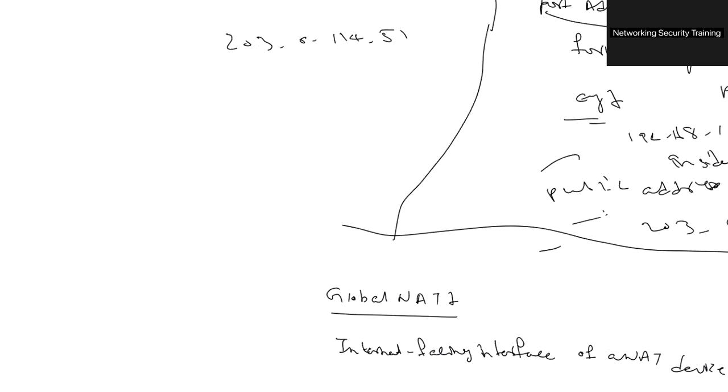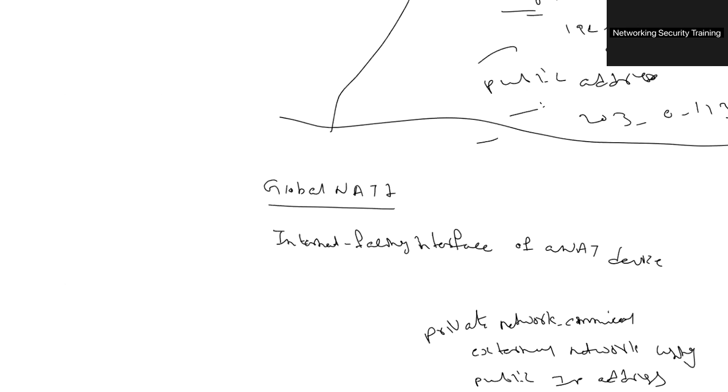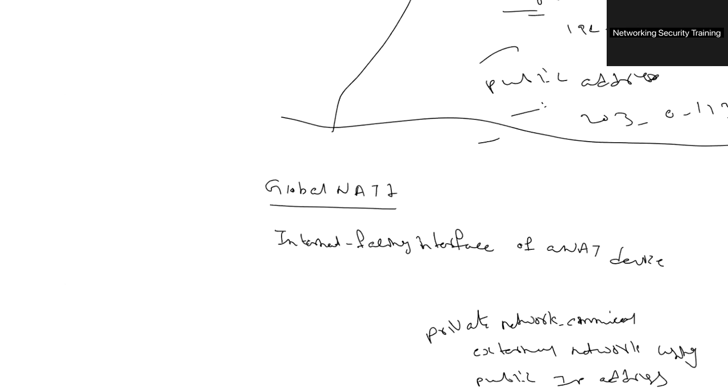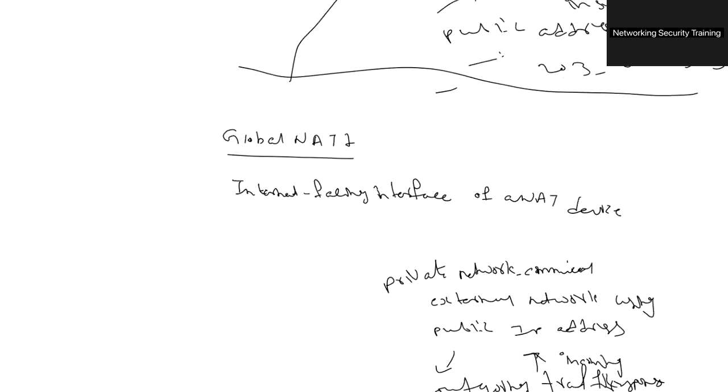So what's the difference from global NAT? Global NAT is interfacing with NAT devices. Coming to local network address translation, it refers to translation within a private network.